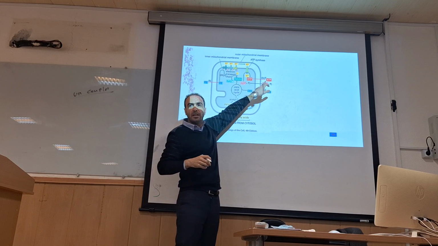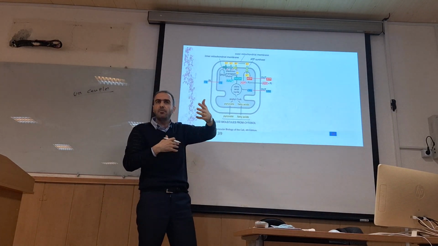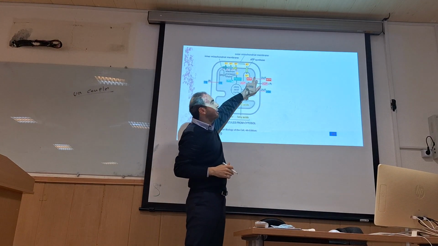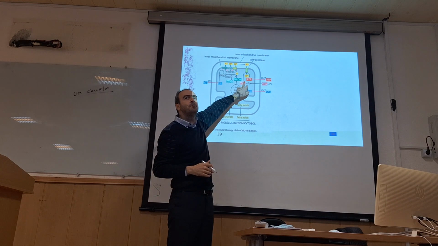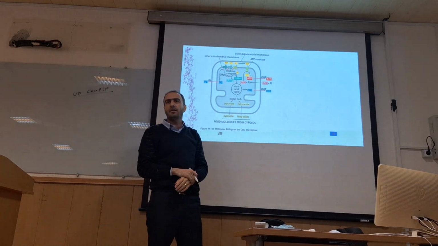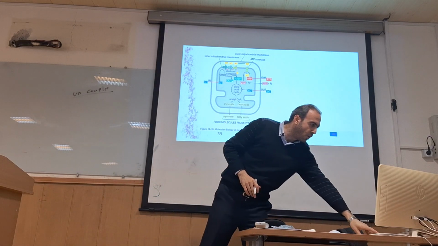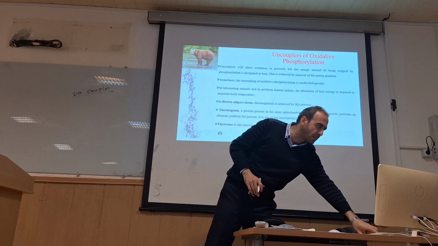So we have a translocase here which exchanges ADP and ATP all the time. And if we inhibit that, we don't have ADP and we can't make ATP. And we inhibit phosphorylation and oxidation. So atractyloside is an inhibitor for translocase.